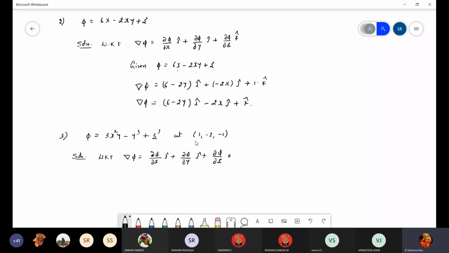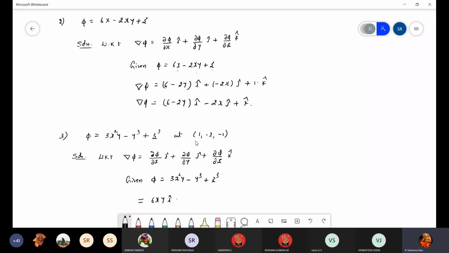Given phi equals 3x square y minus y cube plus z cube. If you want, you can substitute phi for each term, otherwise you can differentiate. So what is dou phi by dou x? Differentiate the same phi with respect to x. You will get 6xy, is it right? Into i cap.